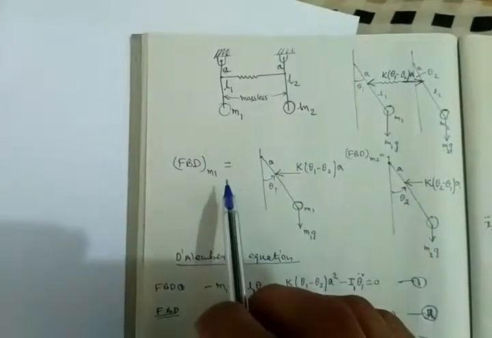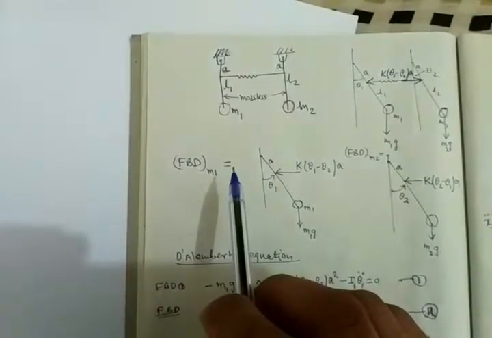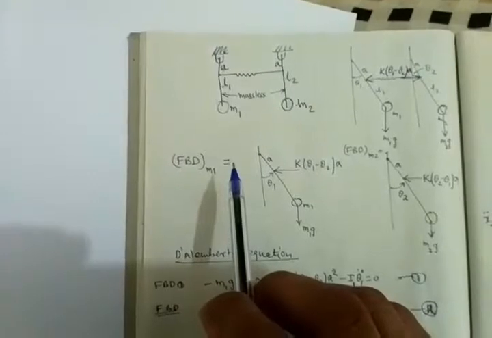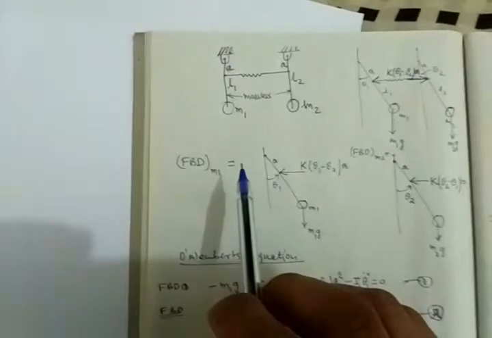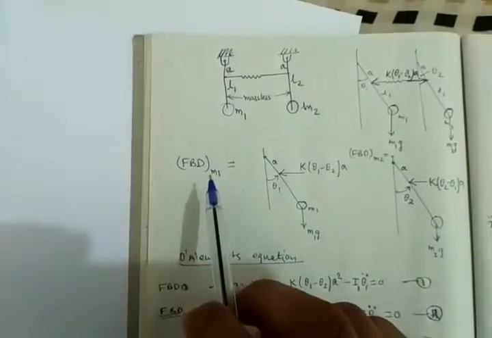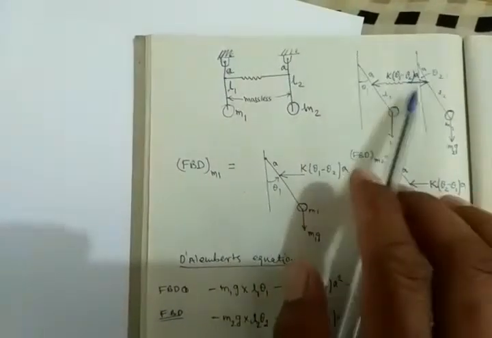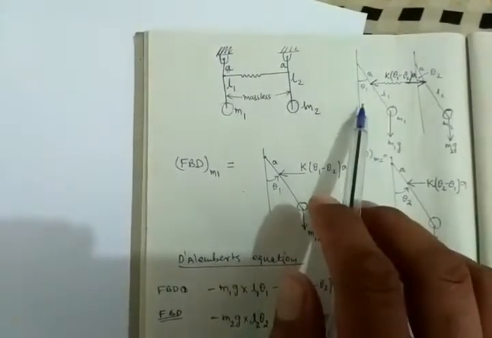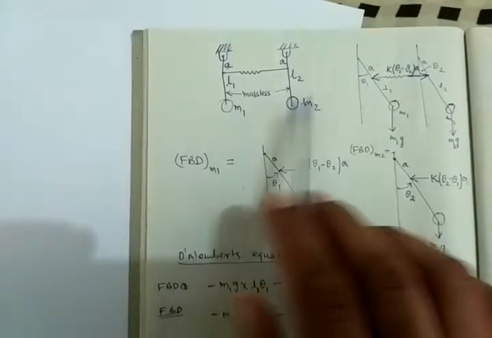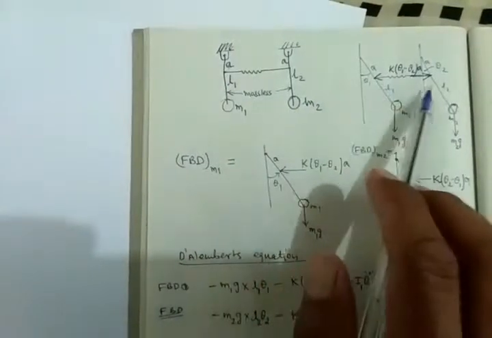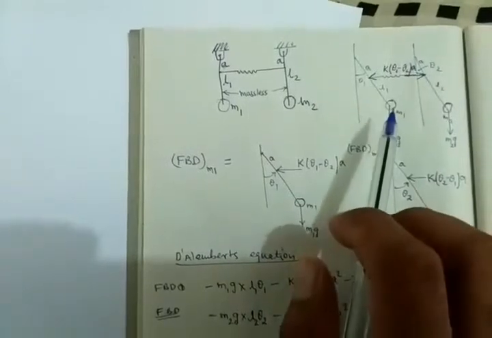So what we have to do here is write the vibration equations after drawing the free body diagram for these two pendulums. As you can see in this diagram, I have given theta 1 angular displacement to pendulum 1 and theta 2 angular displacement to pendulum 2.